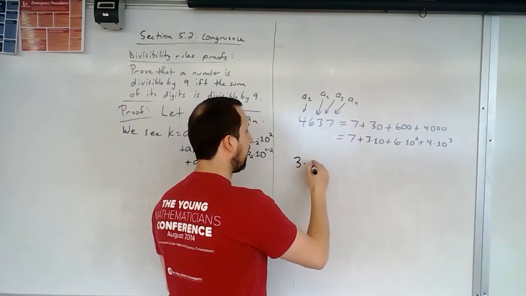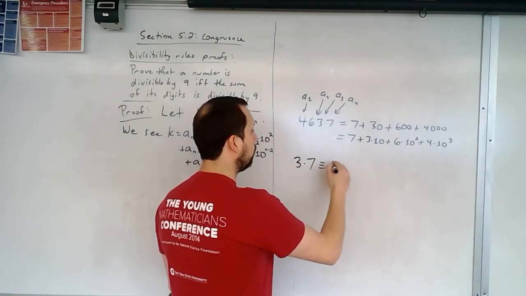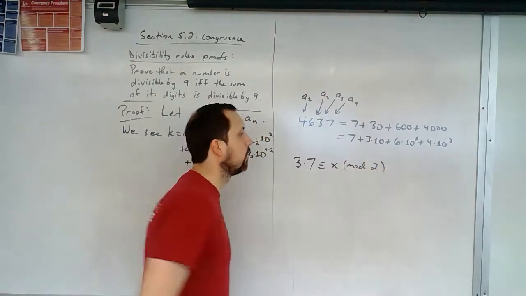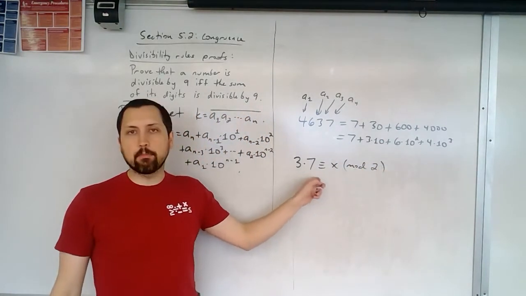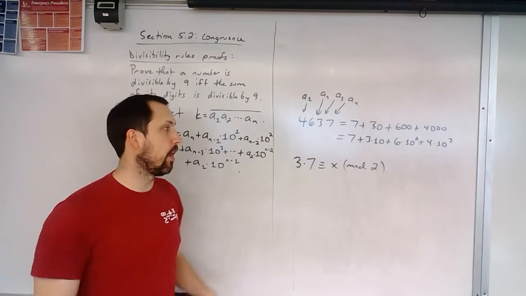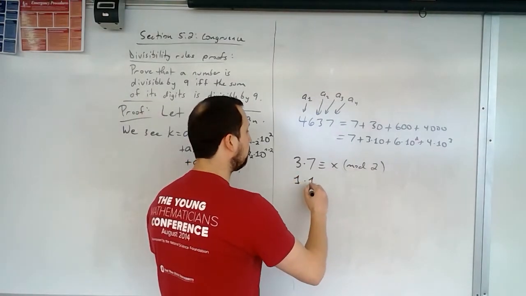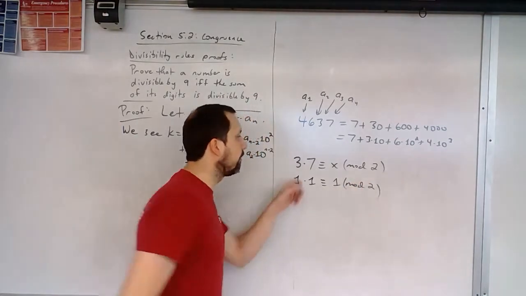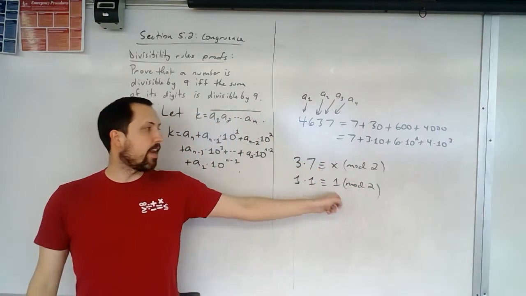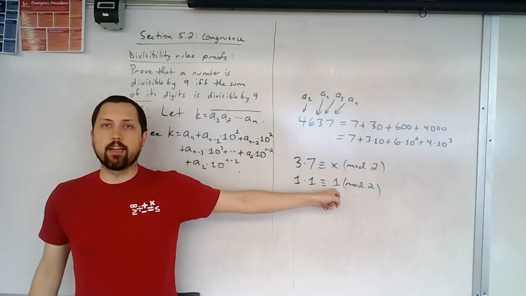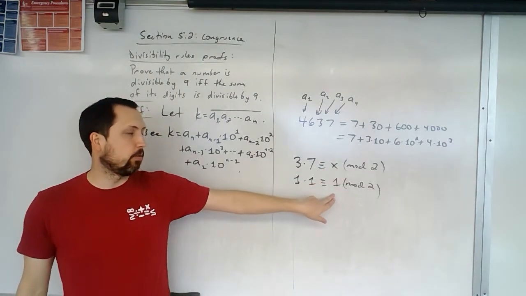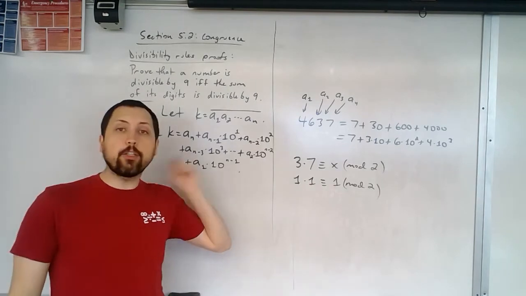If I said 3 times 7 is congruent to, say, x mod 2, I could reduce these mod 2 before I multiply them. So this would be 1 times 1, which is congruent to 1 mod 2. So I can reduce these, and then multiply them together. Now I could also reduce that if I needed to, but in this case I don't need to anymore. So we're going to use that same trick here.